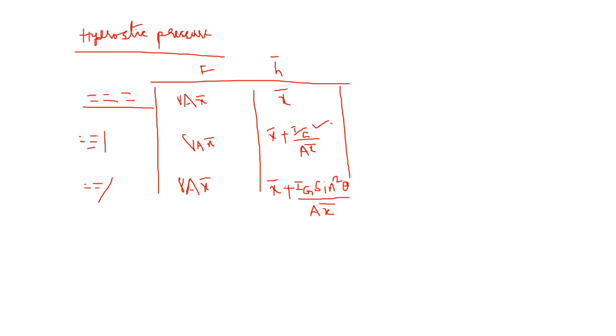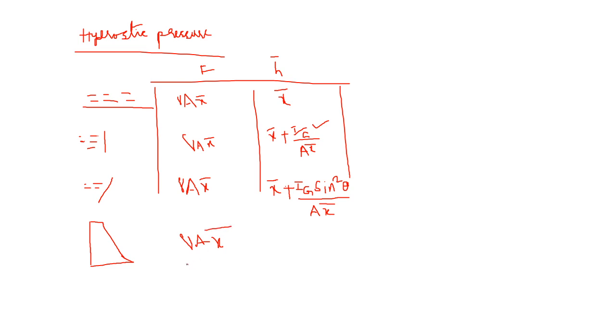If you take the dam, for a dam there is a dam. For this, the pressure is the same, w A x bar, or gamma into A x bar. Then here, if you take 1 meter, gamma into area into x bar.